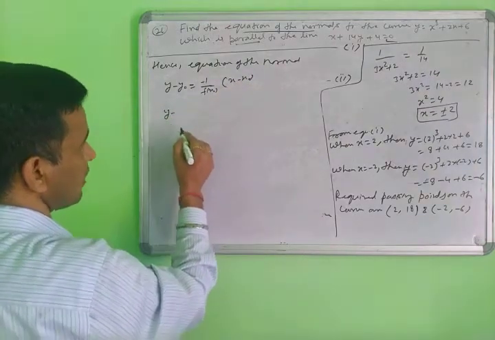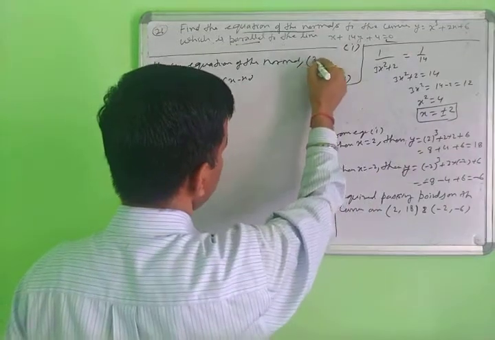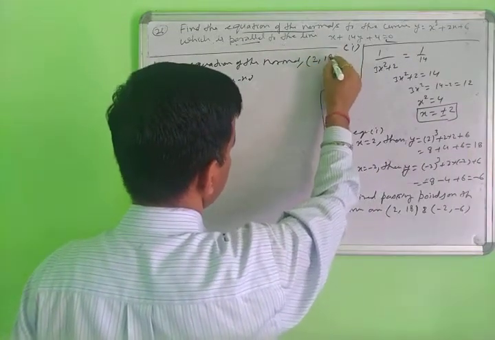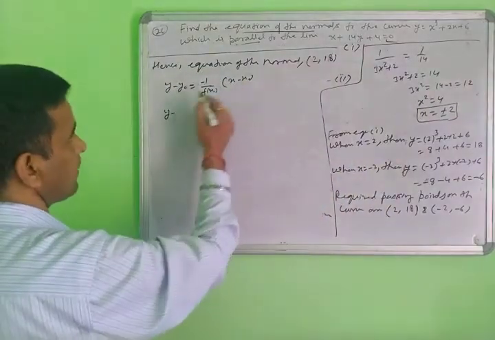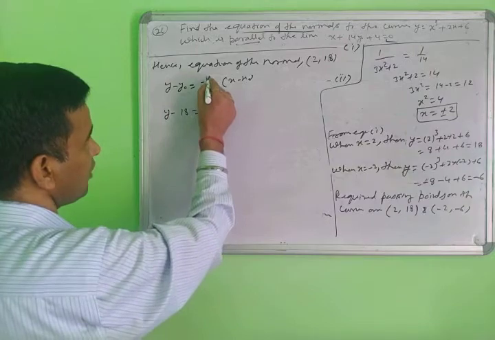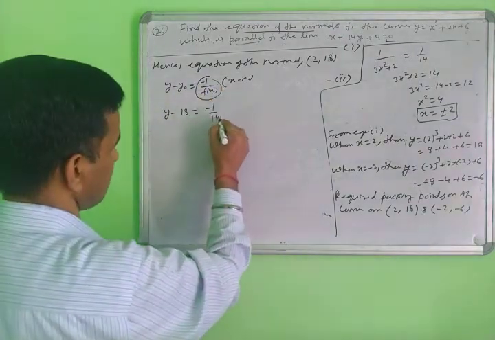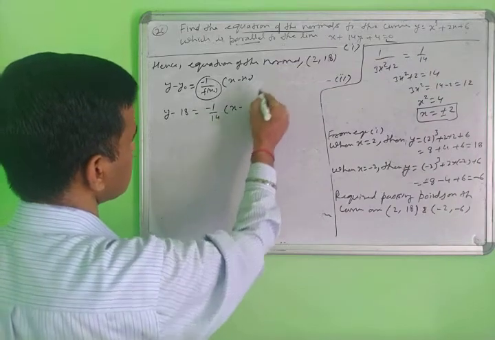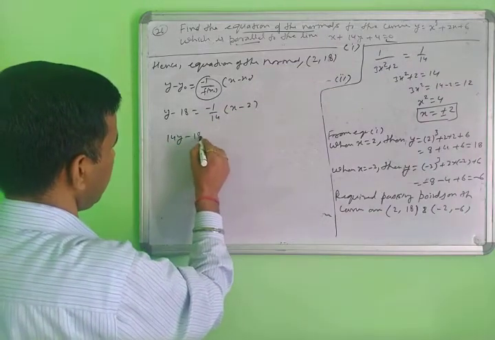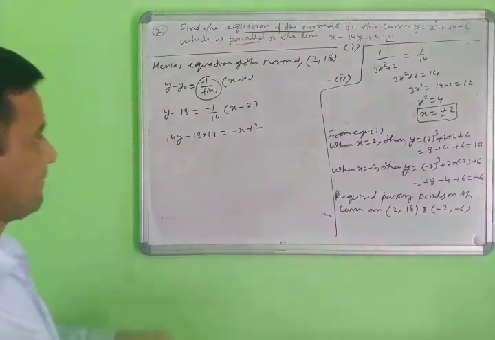Taking the first passing point, y naught means 18 and x naught means 2, with the slope minus 1 by 14. So y minus 18 equals minus 1 upon 14 times x minus 2. Cross multiply: 14 into y minus 18 equals minus x plus 2.